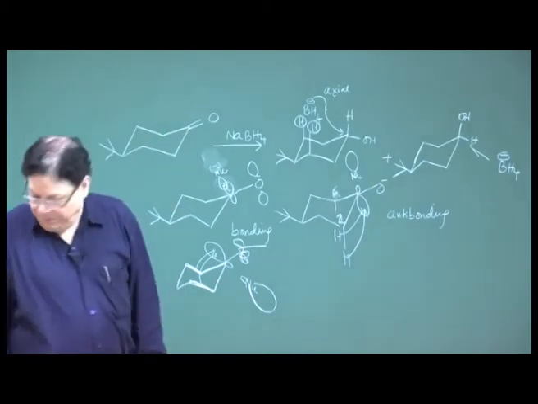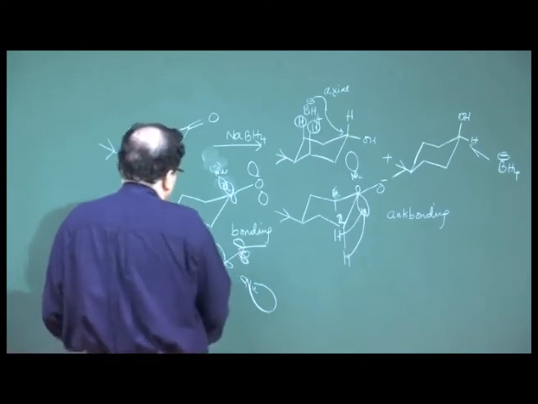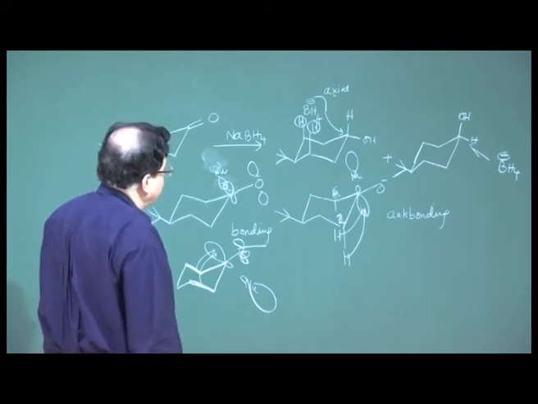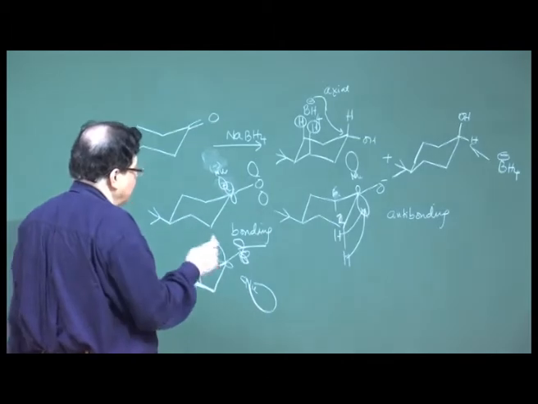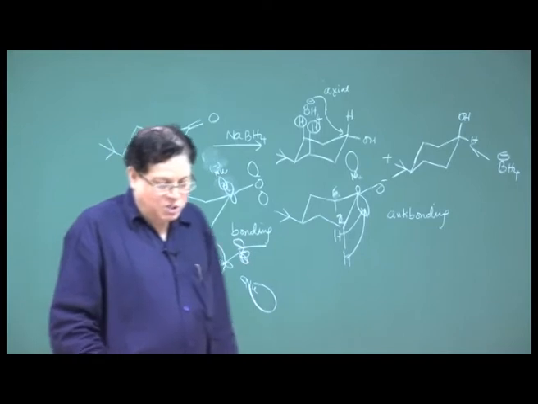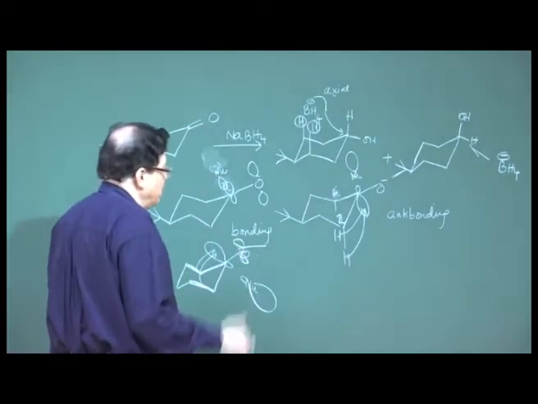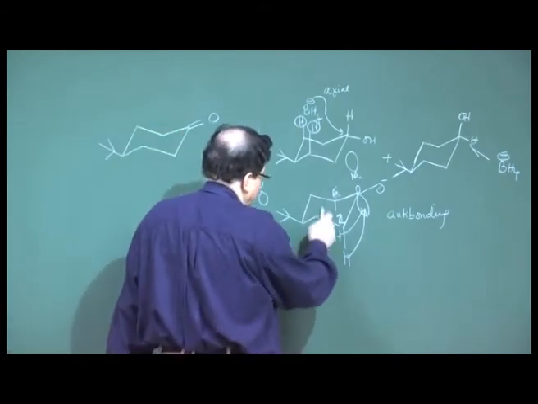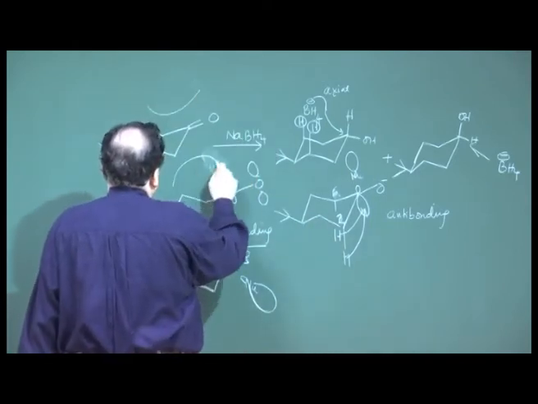So, that was the status at that time. Then people started arguing that this may not be an ideal system to test Felkin's hypothesis. Felkin said that the transition state is stabilized due to electron donation from adjacent bonds to the incipient, that means the forming, antibonding orbital. So, what was the criticism? The criticism was that in cyclohexane the two faces are not identical.